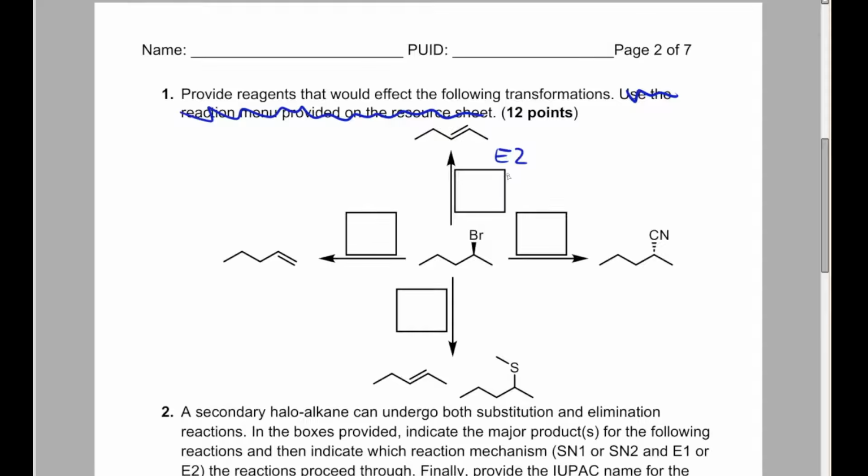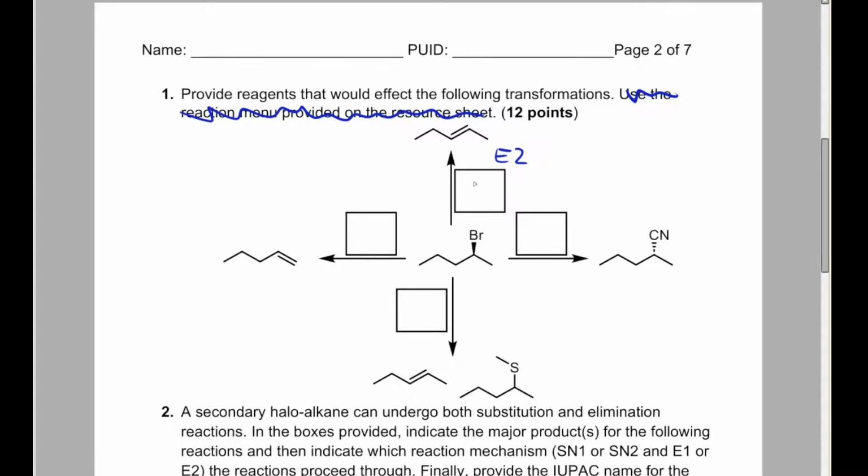Nucleophiles are associated with SN1 and SN2 reactions because they attack the carbocation or just the carbon atom in general, whereas bases are quote unquote attacking or accepting a hydrogen. And that's an important difference we should keep note of. And for this E2 reaction, we just need a strong base.